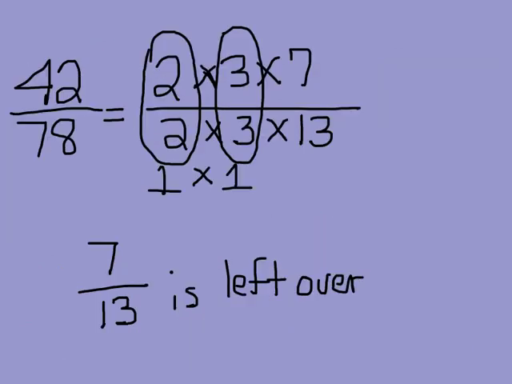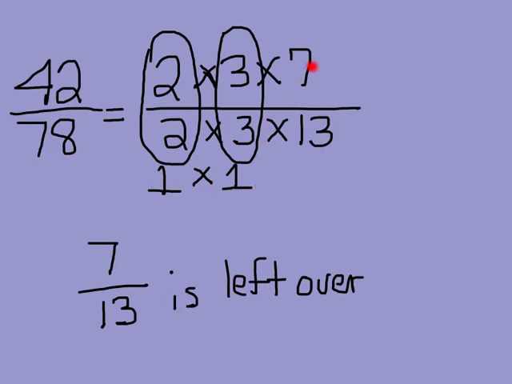Now these numbers are a little bit smaller, but you do the same thing. 42 is 2 times 3 times 7. And 78, products of primes, is 2 times 3 times 13. Now you have to remember you can only use prime numbers in this. We have a pair of 2's, which equals 1, a pair of 3's, which equals 1, and 1 times 1 is still 1.